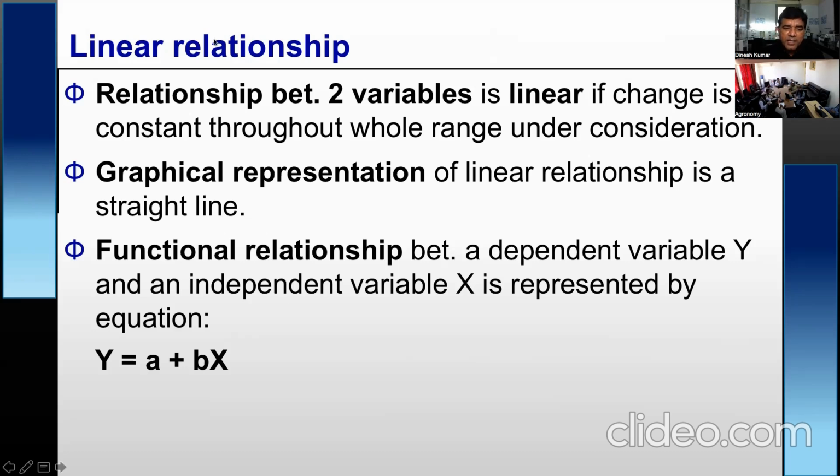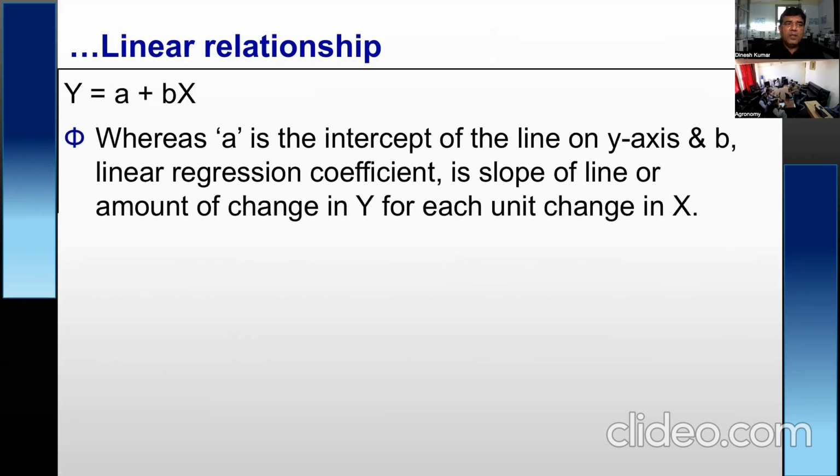Friends, this is the linear equation. In this equation, we have not mentioned the error, but you can also put Y is equal to A plus BX plus E. Error is also there, which is not shown here. So in this, A is the intercept, means as I already told you, it is the value of Y when X is 0.